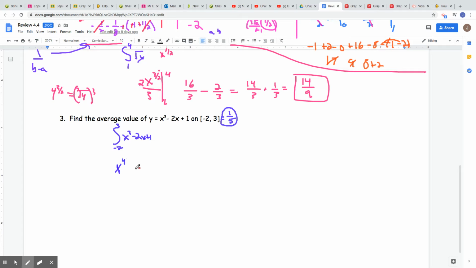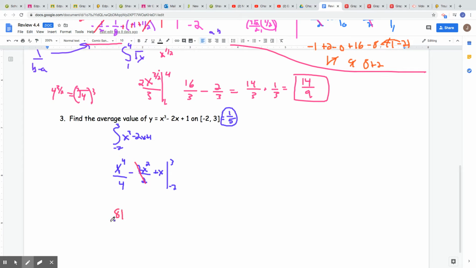x to the 4th over 4 minus 2x squared over 2 plus x. And we're going to plug in 3 and negative 2. All right. So these twos cancel, it's just negative x squared. So 3 to the 4th is 81.